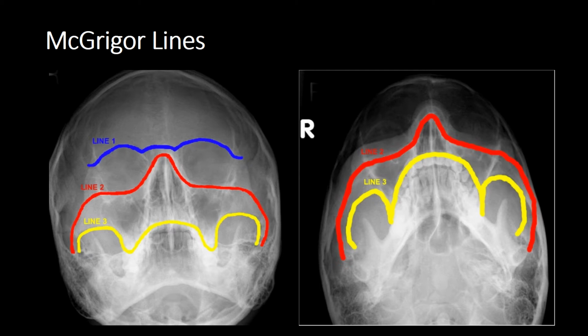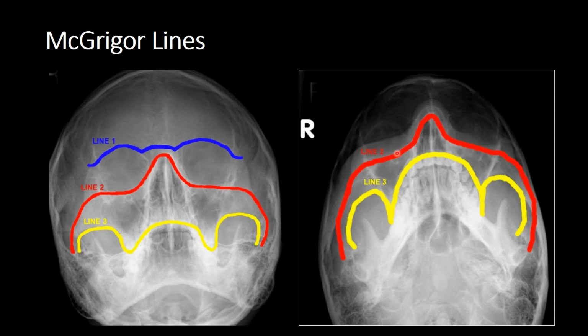Now with our OM30 view, as you can appreciate, we can't clearly visualise our orbits, so that's why it's not very good for assessing that. And you can see the patient's head is markedly tilted, and so with the conical shape of the maxillary antra, you can appreciate how the fluid level can move posteriorly, so we don't appreciate it.